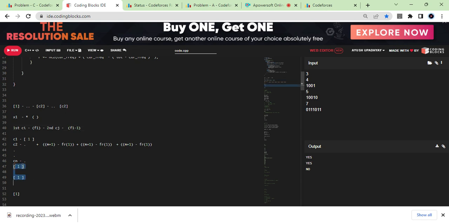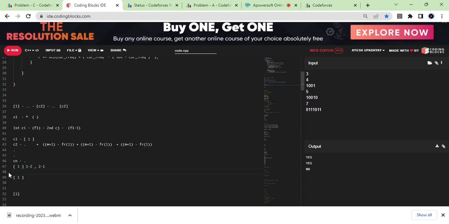Why will I do f1 minus 1? Because if I do 1 comma 2, I will not count 2 comma 1 again, because there's no point in counting them the same, since there's no difference between 1 comma 2 and 2 comma 1. But why is there a difference in this?